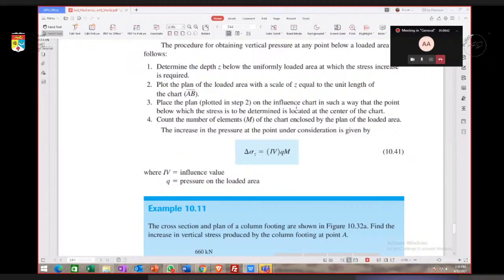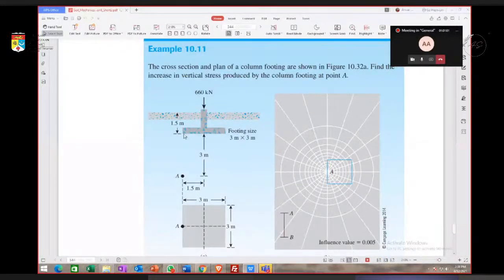Okay, here is a given example. For example, the footing size is 3 by 3 meter. The load is 660 kilonewton. Let's say the depth is 3 meter. The first rule says we need to find the depth, which is 3 meter. The second rule says the 3 meter depth is equal to this AB length, so the distance AB is 3 meter.